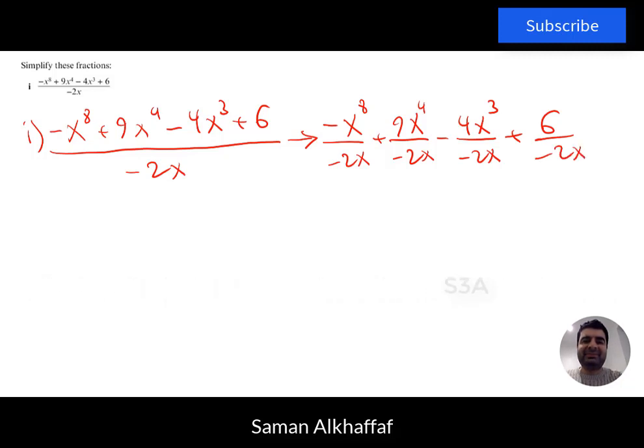So we can do this by simplifying the expression further. For the first term, the negatives from the numerator and denominator will disappear, so we will still end up with half x to the power 8, and we move the x from the denominator up, so that becomes minus 1. Plus, we have a negative at the denominator, so that means the sign will change, so it becomes minus 9 over 2 x to the power 4, which is at the top.